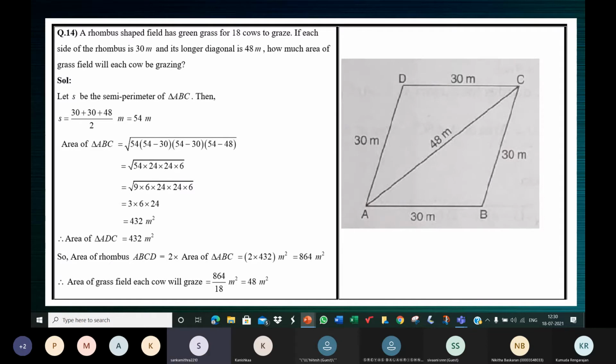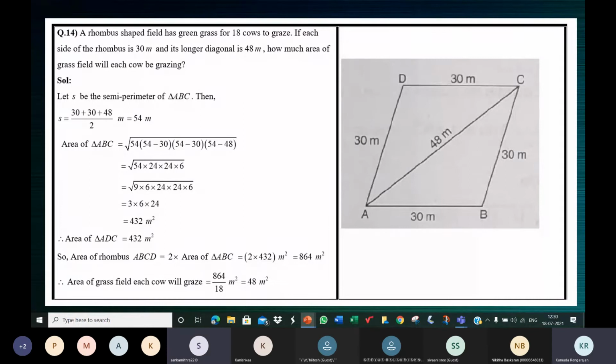Ma'am, BO is 18. So it is 900 minus 576, which is 324, right? Yes, ma'am.